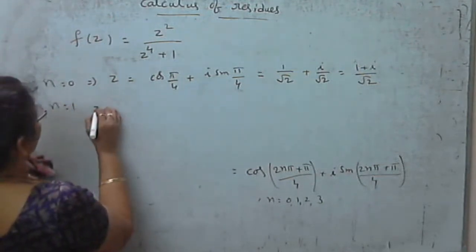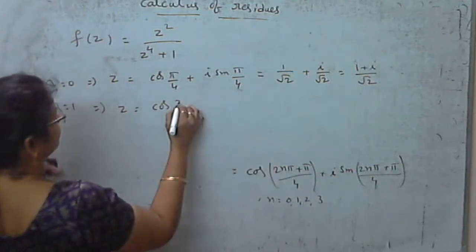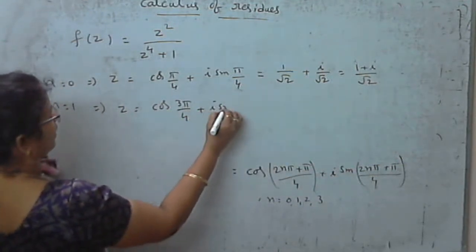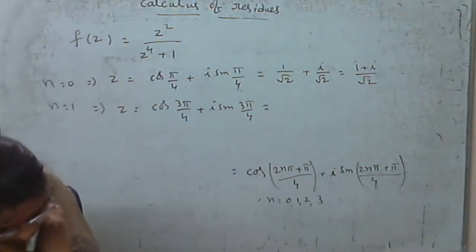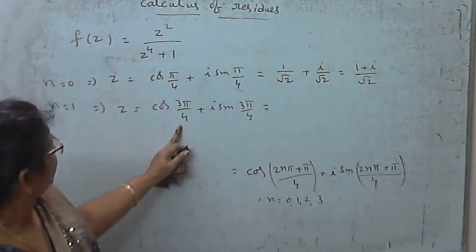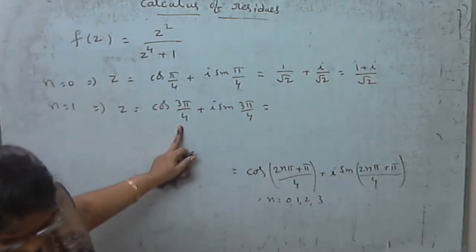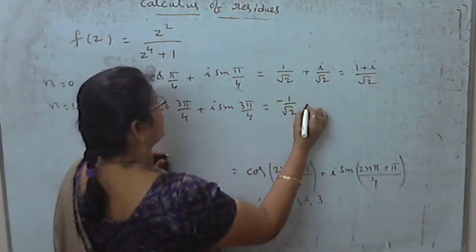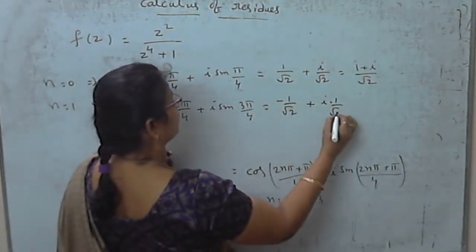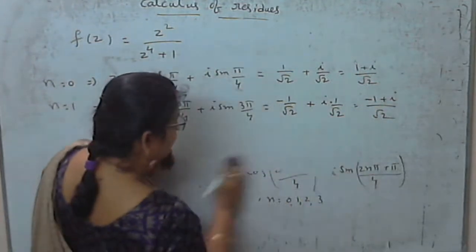Next, n equal to 1. z equal to cos 3 pi by 4 plus i sin 3 pi by 4. 3 times 45 is 135, so minus 1 by root 2 plus i into 1 by root 2, that is minus 1 plus i by root 2.